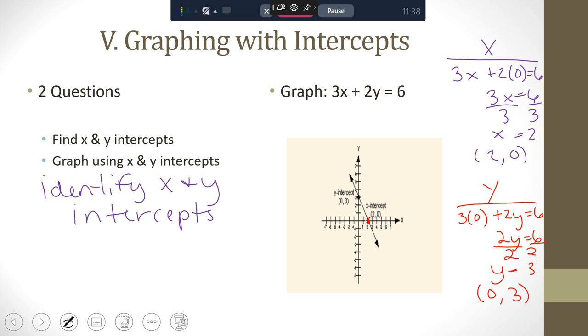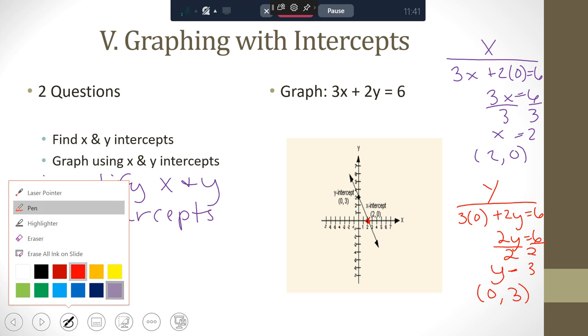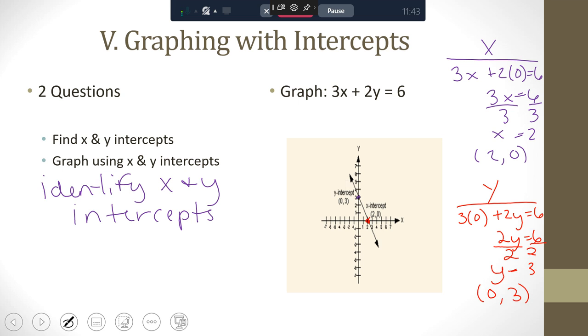We plot our points on the x and y axis here, and then we draw our line. You need to make sure that you identify these points, though. If you don't identify the points, then you won't get full credit. If you show your work, that's identifying the points.